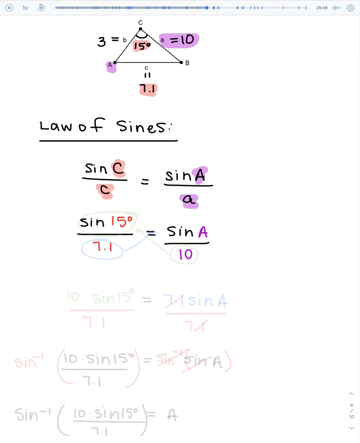Now, how do we solve these using law of sines? We have to do our cross multiplying. So we'll do our 7.1 times our sine A. So it'll be 7.1 sine A on one side equals, on our other side, our 10 times our sine of 15.